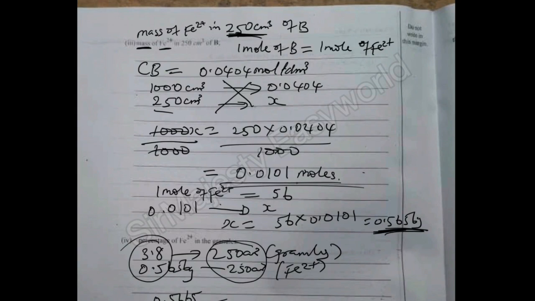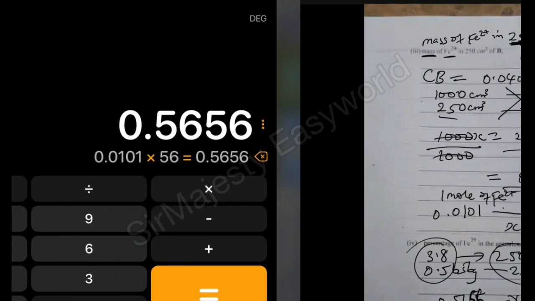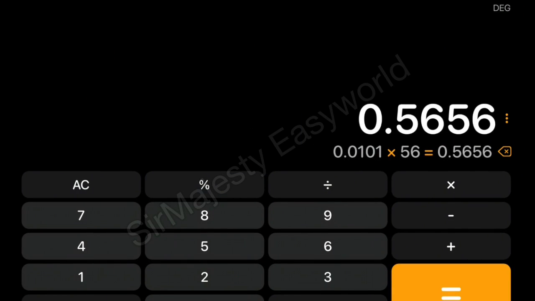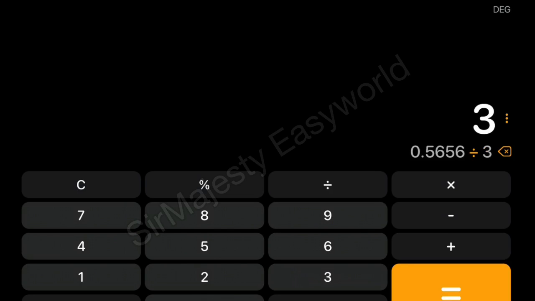0.565 all over 3.8 times 100 over 1. So is it 565 or 5656? Okay, it's there waiting for us. All over 3.8.